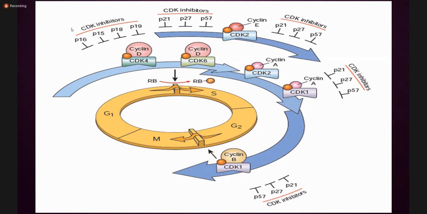The tumor suppressor genes that we are interested in are P15 and P16. As you can see, these are cyclin-dependent kinase inhibitors, and they inhibit cyclin D1 and cyclin-dependent kinase 4, thus preventing the retinoblastoma protein from being phosphorylated. So these have an inhibitory effect on cell cycle progression.